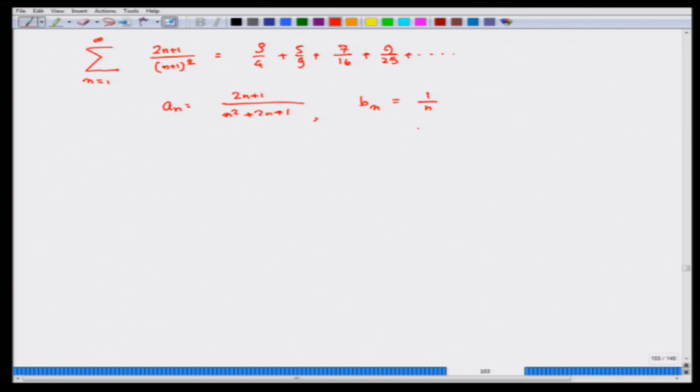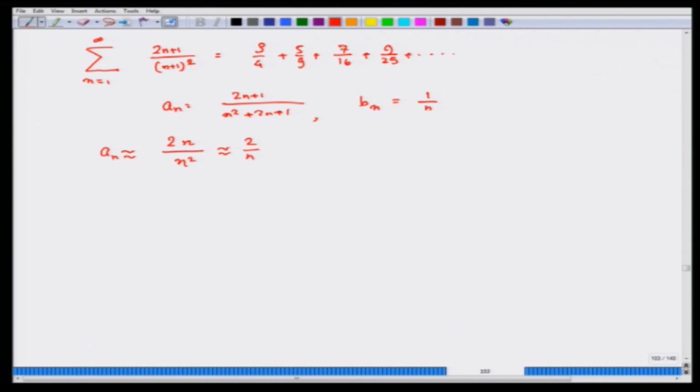So, summation Bn is the harmonic series, which we have just seen to be divergent. Why am I suspecting this? Just observe the following. For n very large, n square will dominate 2n plus 1. So, it is something like 2n by n square. Because of this you have a suspicion that it might diverge.